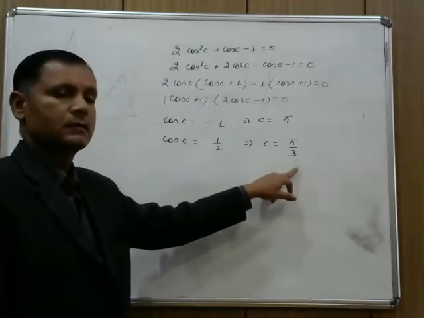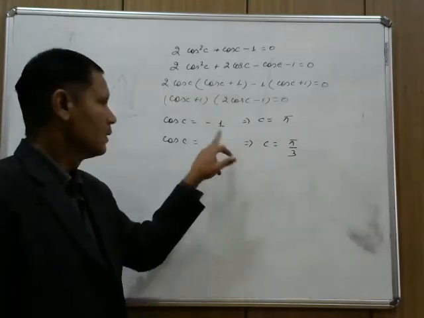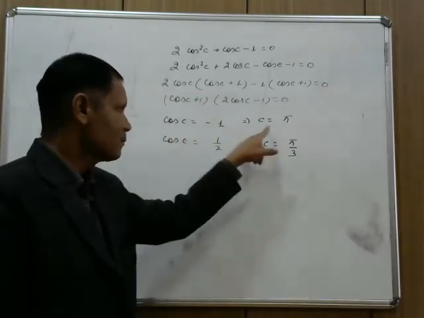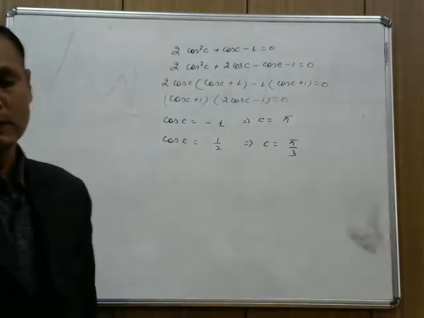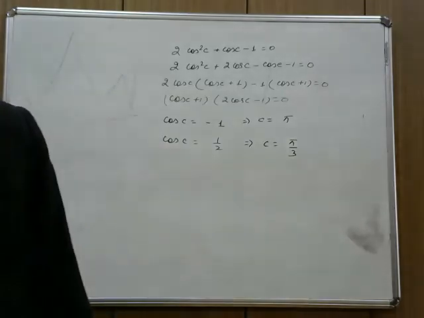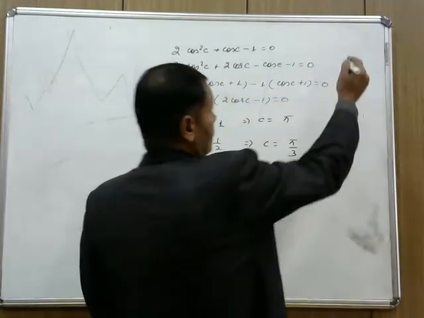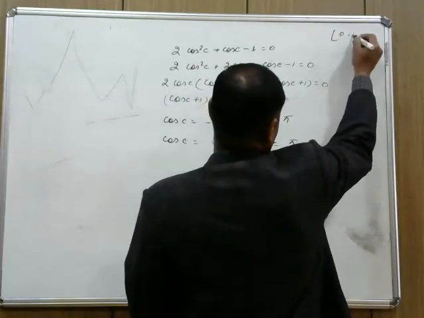Cos 60 degree is 1 by 2. The value of c is pi and pi by 3. And we have the interval given 0 to pi. If you remember, the interval which I have written was 0 to pi.